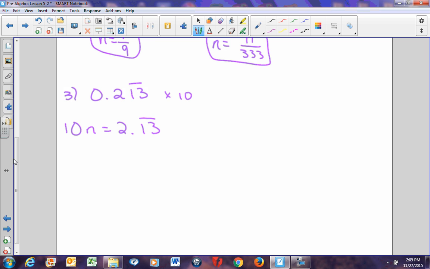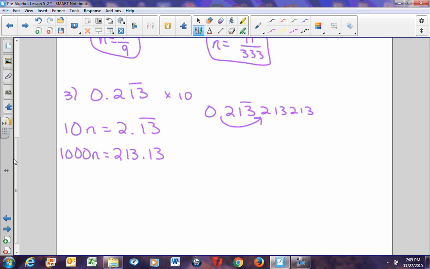If I take my original 0.213 repeating and multiply it by 1,000, 1, 2, 3 places, I'm going to have 213.13 repeating.